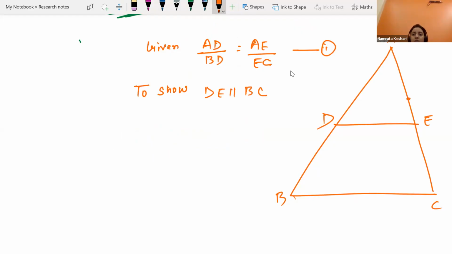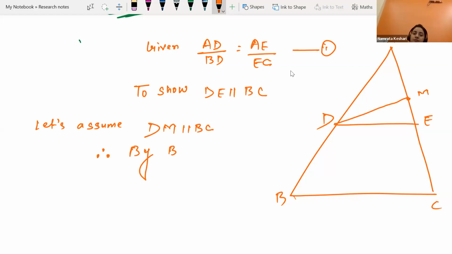Now we have taken our assumption and we said that let's assume that DM is parallel to BC. Therefore, by basic proportionality theorem, we have written that AD by BD is equal to AM by MC.